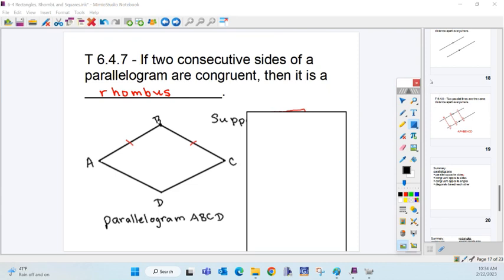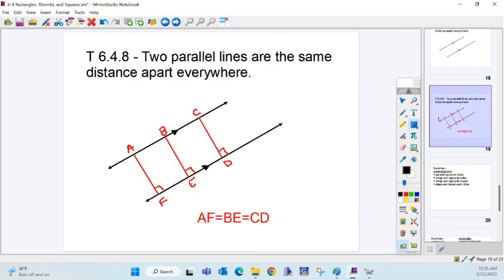Okay. All right. So basically what we have here is that no matter where you are looking at 2 parallel lines, they have to be the same distance apart, regardless of where you're looking. So if you have a right angle from one line, it will go across and make a right angle to its parallel counterpart.